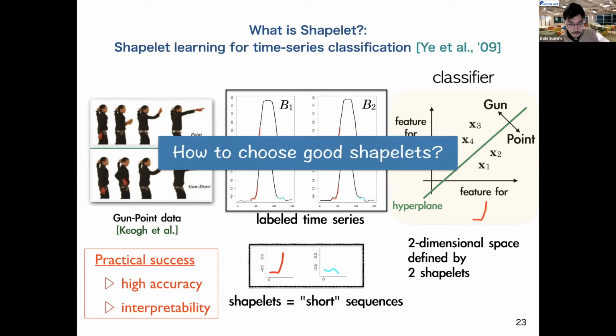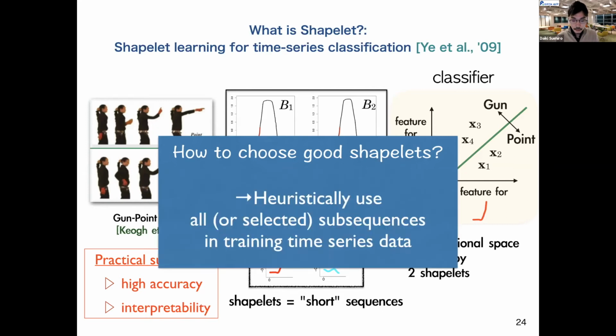So the same question is occurred. In this shapelet learning task, the main problem is how to choose good shapelets. And actually, in typical approaches, the shapelets are all subsequences appearing in training time series, or shapelets are selected by some heuristic techniques.